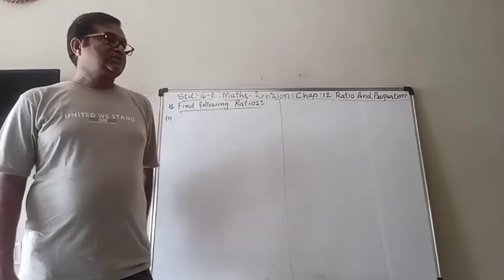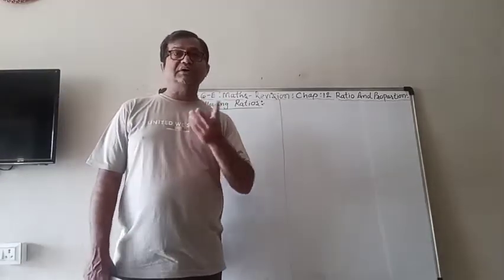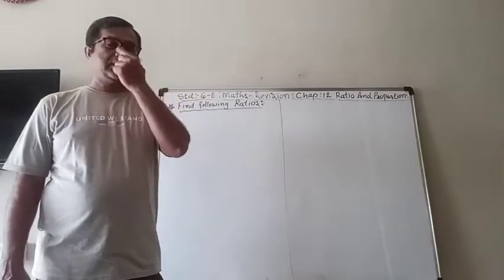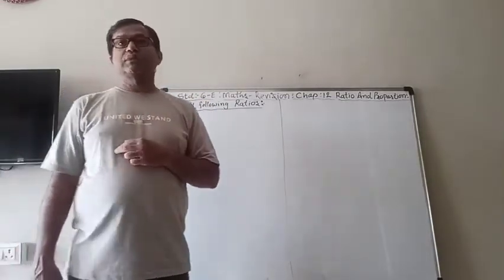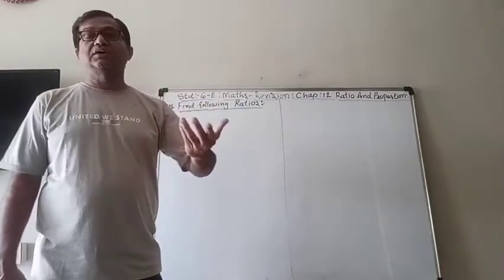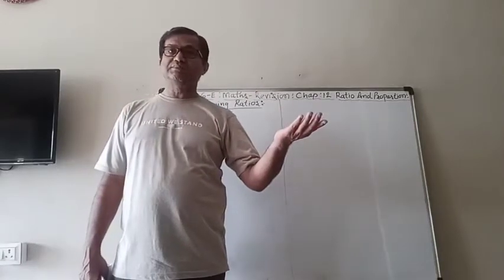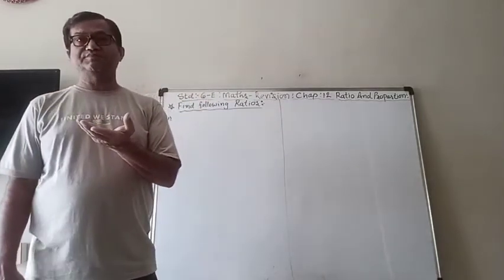If they are of the same category but different units, then we have to make the units the same by conversion. For example, one is in centimeter, the other is in meter.